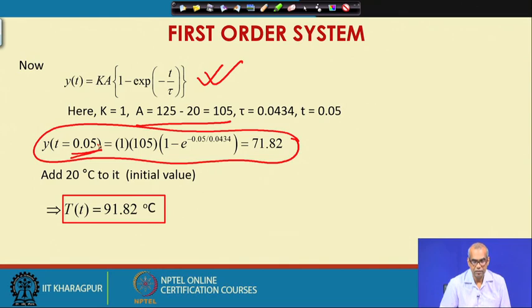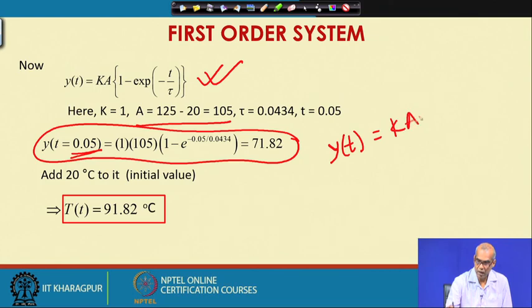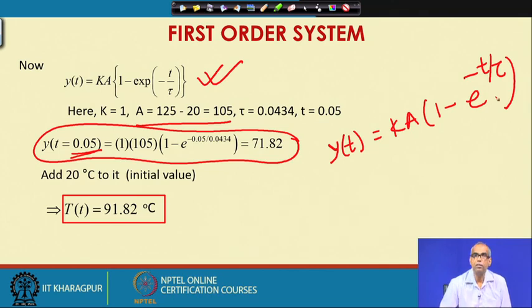Here you need to understand one more thing. When this equation y t equal to k a into 1 minus e to the power minus t by tau was derived by taking Laplace transformation and then inverse Laplace transformation, it was assumed that y 0 is 0.